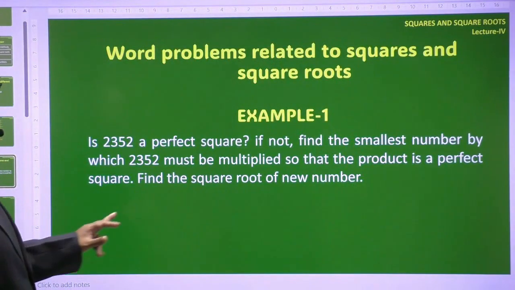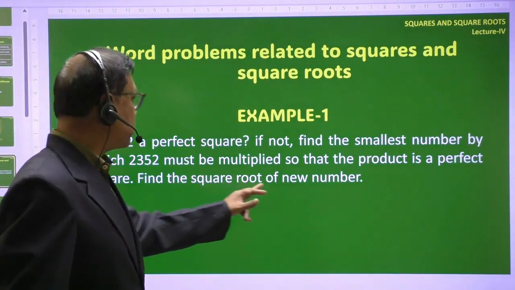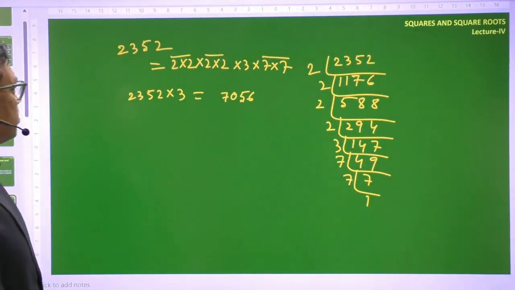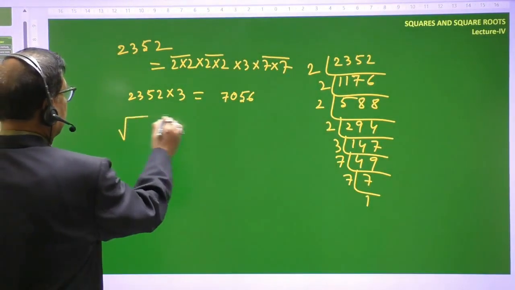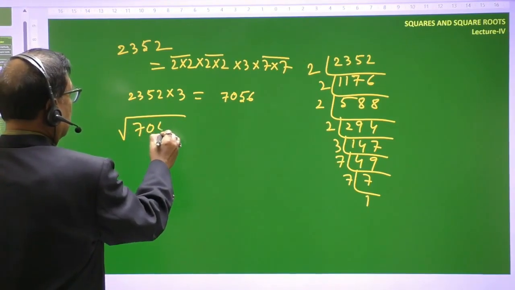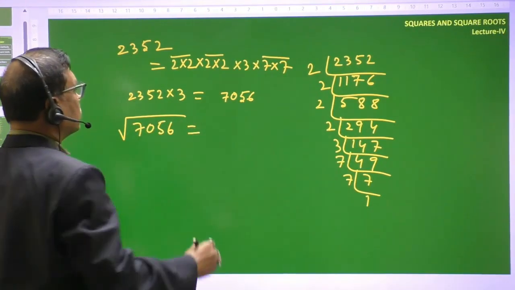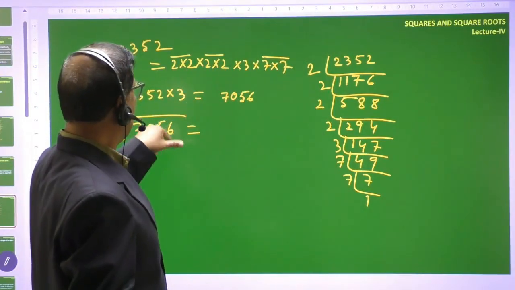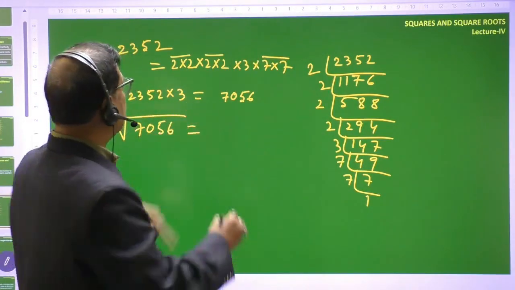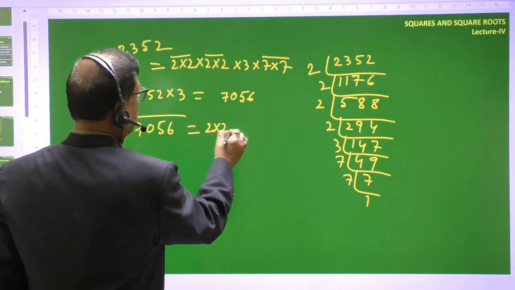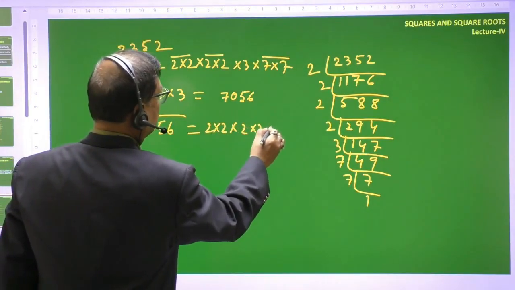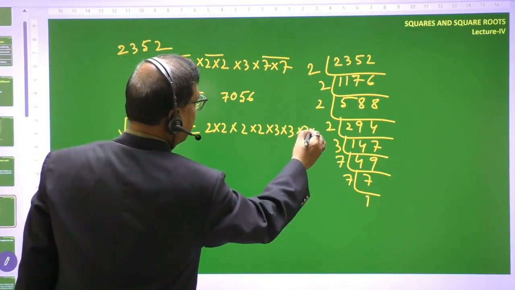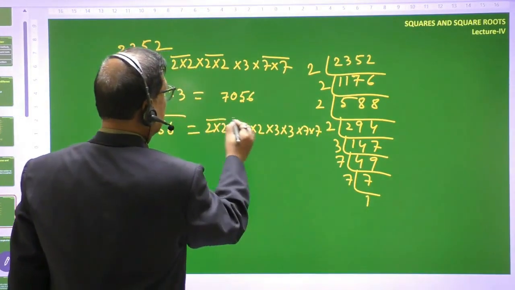Now the question is, find the square root of the new number. That we can easily find out. How? We already know the prime factors of this. Then 3 is multiplied, so that means 2 into 2 into 2 into 2, 3 into 3, 7 into 7.